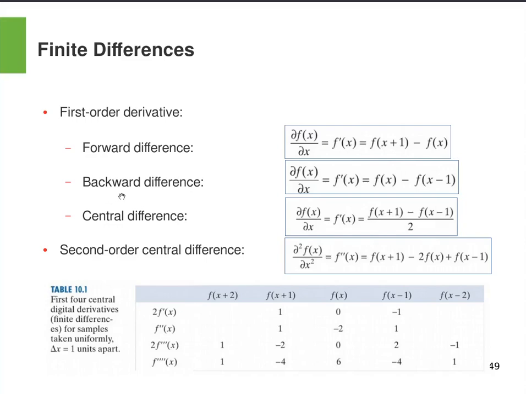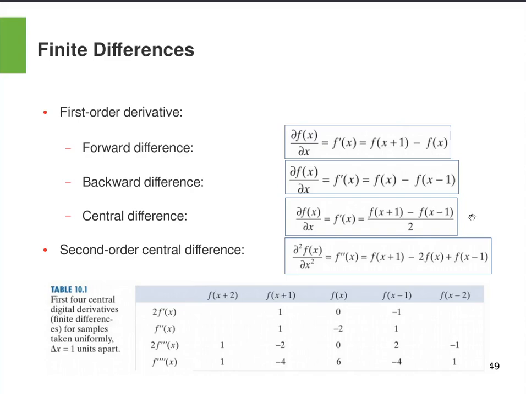We can have a backward difference estimation, and finally we can have a central difference estimation. As you can see, for the central difference estimation we have this denominator of 2, and that is because we are calculating the difference between the values of two pixels that are 2 pixels apart, so they are on either side of the central pixel, and that's why it's called the central difference.